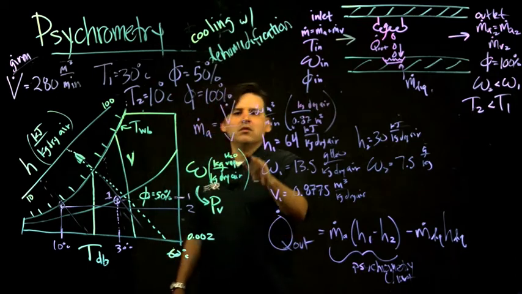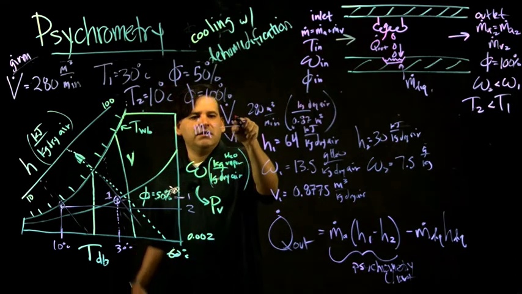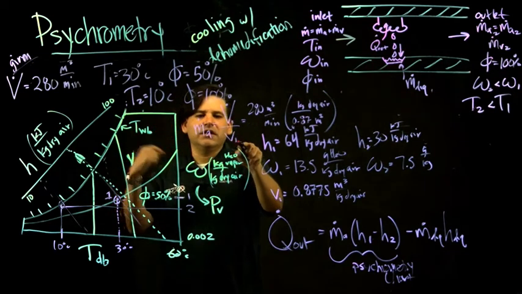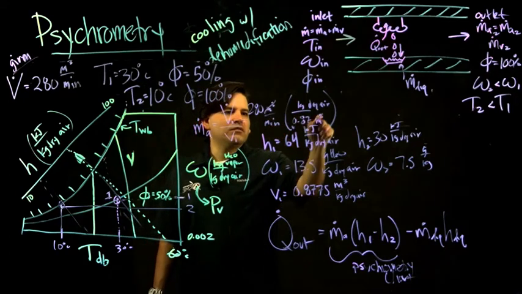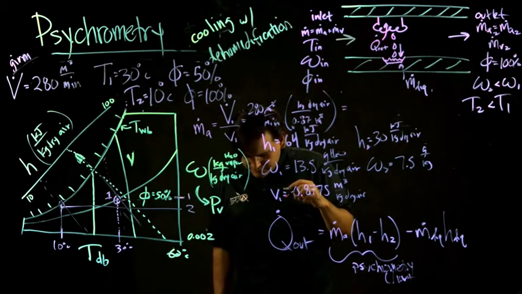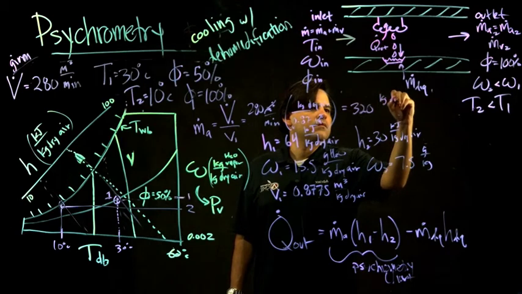So if we know the volumetric flow rate, and if we can find the density-ish, it's the inverse density, those units will cancel out for the volume, giving you mass flow rate. So that is per minute.